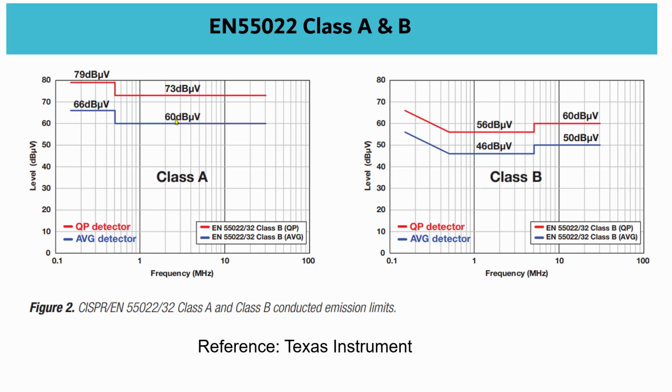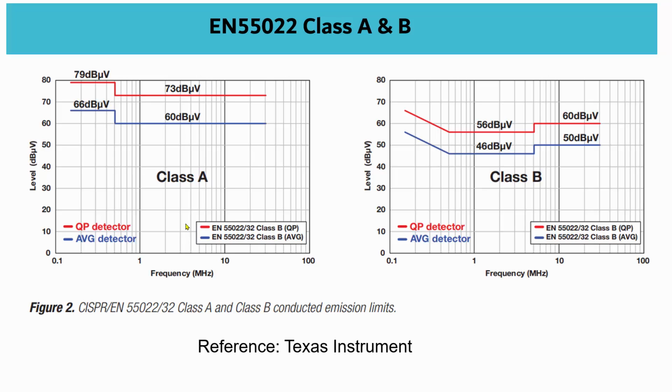This is a conducted emission limit based on the Europe spec EN55022. We have two different classes, A and B. A is for industrial and B is for commercial.